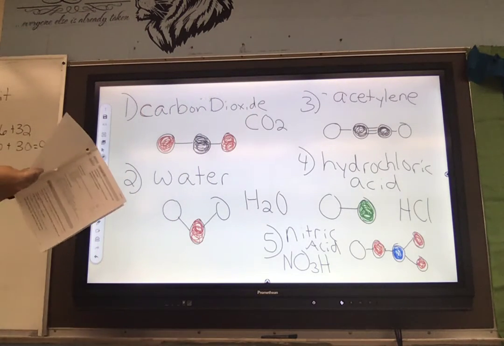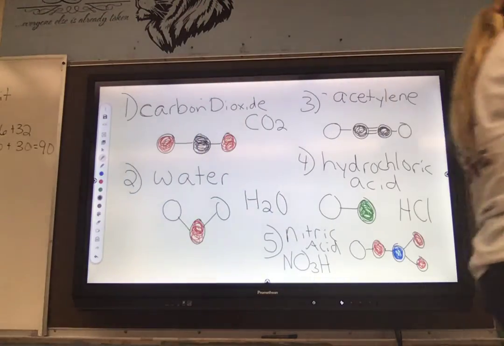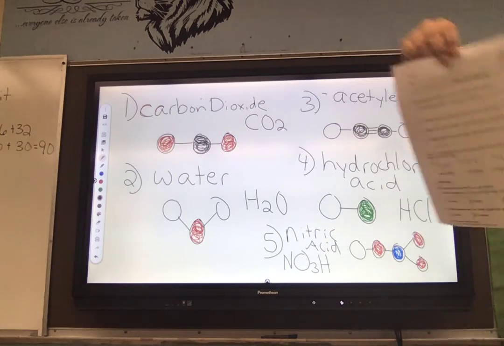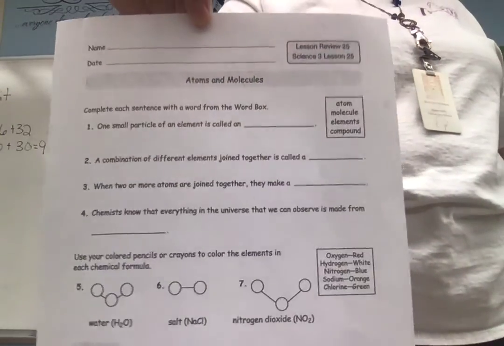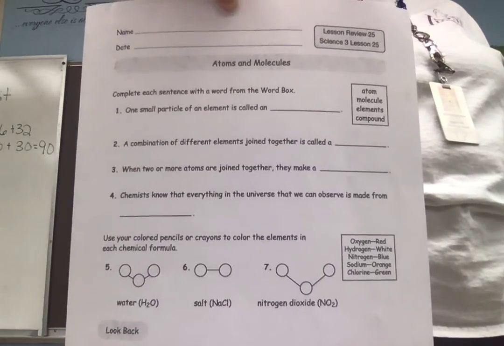Okay? So the only thing left to do is your lesson review 25. So that looks like this. You're also going to need those colors because there's a section for you to color to show those elements inside your compound.